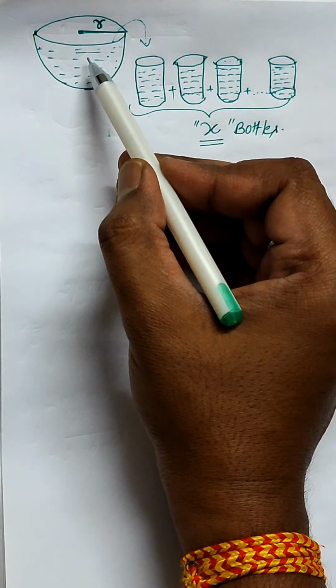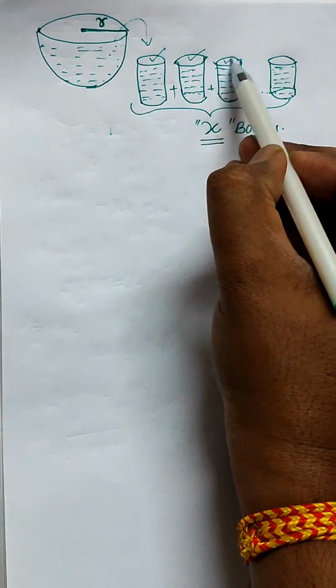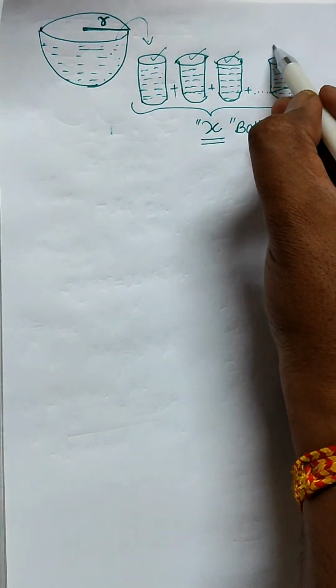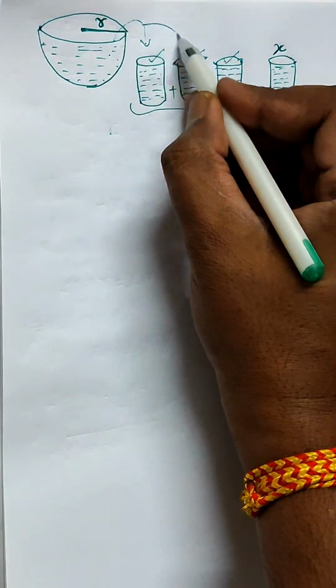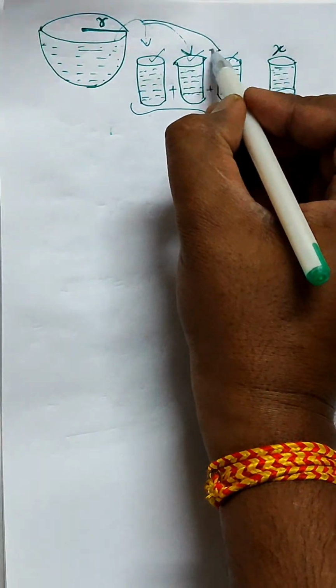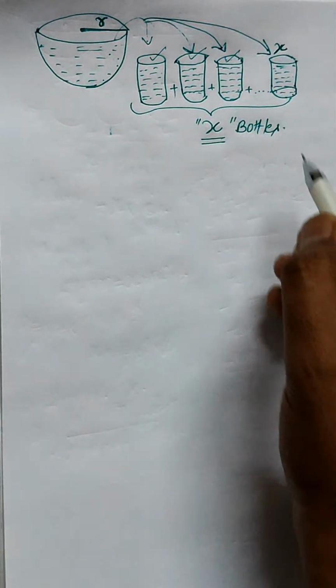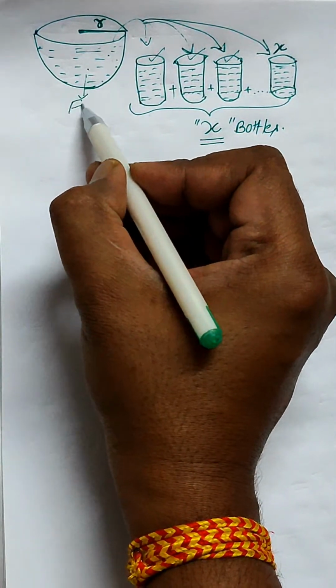The liquid from this bowl is filled into all the cylindrical bottles, and when you fill the last bottle, the x-th bottle, all the liquid from this hemispherical bowl is finished.